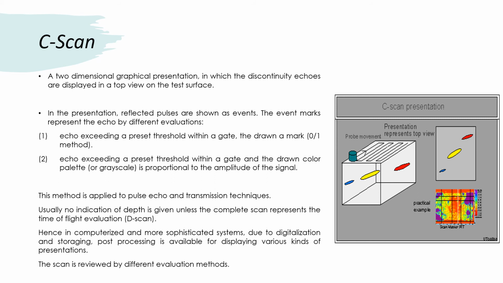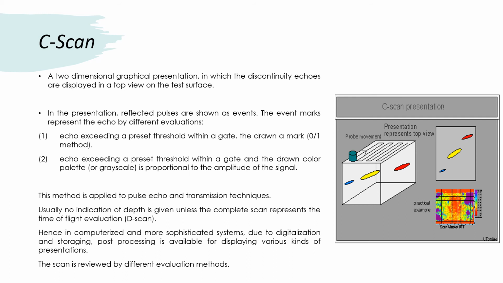The event marks are represented by the echo evaluation: the echo exceeding a preset threshold within a gate is drawn as a mark, that is the 0/1 method. And number two is the echo exceeding a preset threshold within a gate drawn in color or grayscale, proportional to the amplitude of the signal. This method is applied to pulse echo and transmission techniques.